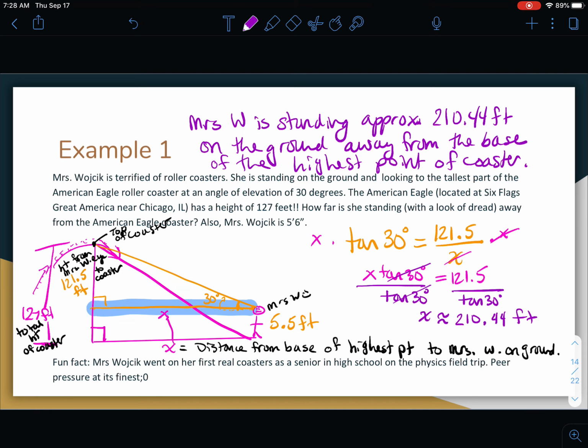And why am I adding that detail? Well, I'm not really standing that far away from the base of the coaster because there could be way closer pieces that are lower. I'm really talking about from this highest point. If I dropped a rope down, how far is that distance? And I want to know from the base of that, where am I?